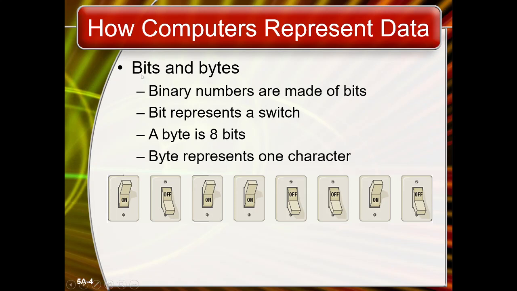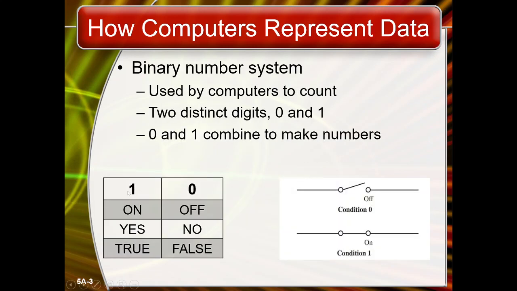So let's see what bits and bytes are. Bit is basically an abbreviation of binary digit. In the previous slide, we saw this is a binary digit, and this is another binary digit.